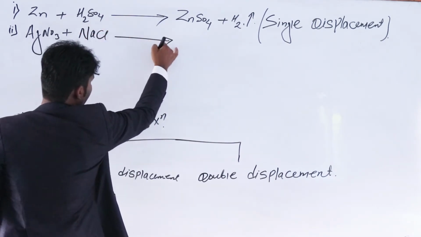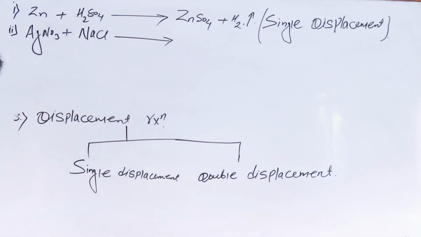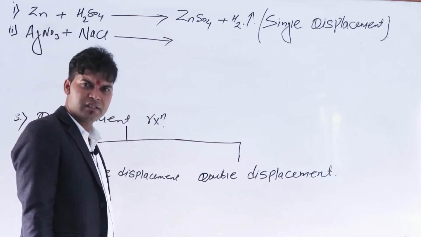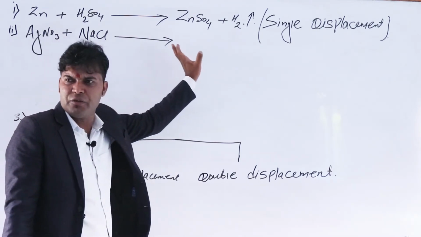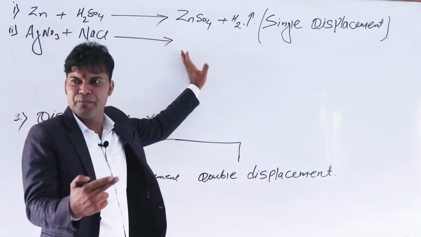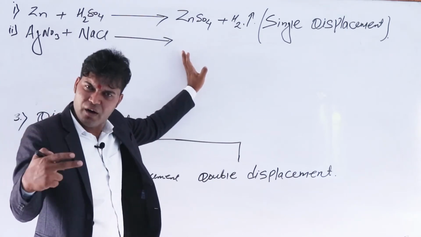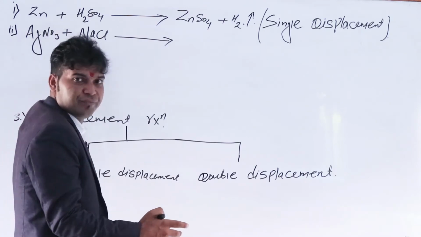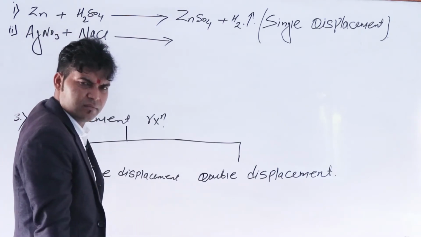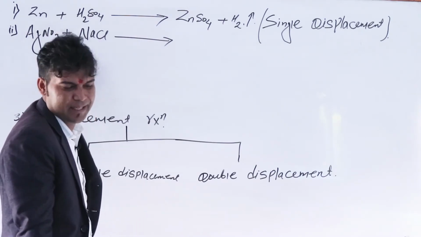As we are already told in the definition, two compounds mutually react to form another two compounds by exchanging, which is called the double displacement reaction, isn't it?